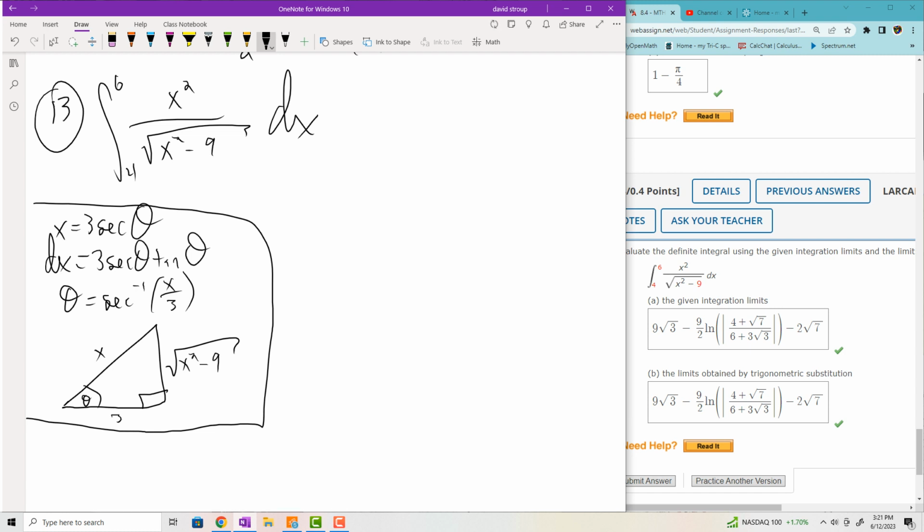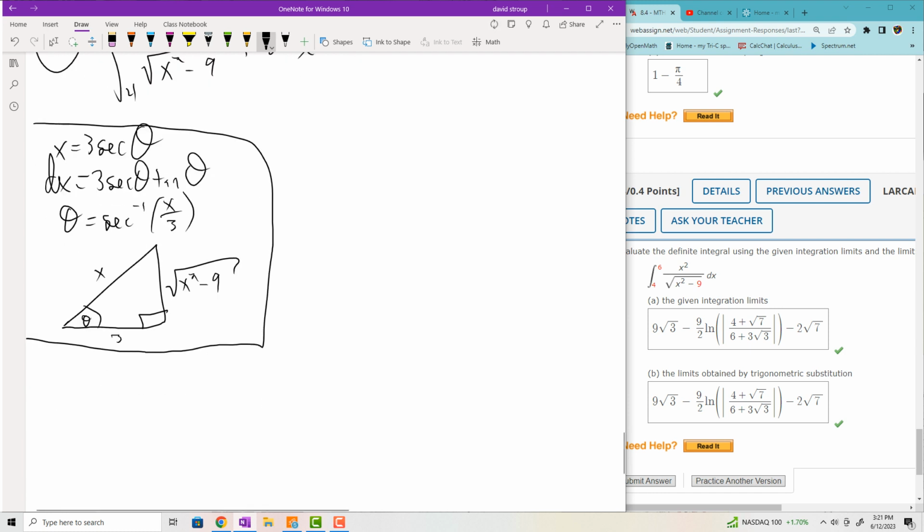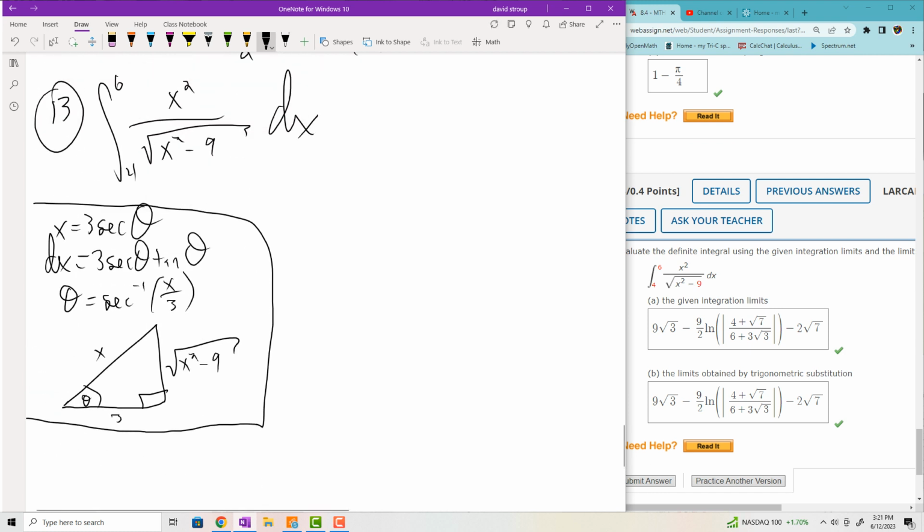Or you can transform the limits at the beginning. So part A is when you go all the way to the end and just put everything back in terms of x and evaluate. Part B, rather than back subbing everything, you wouldn't even necessarily need the triangle. In part B, all you're doing is replacing the x limits with the following.